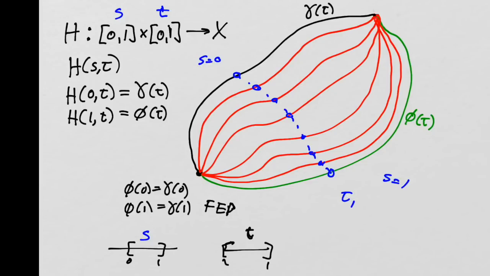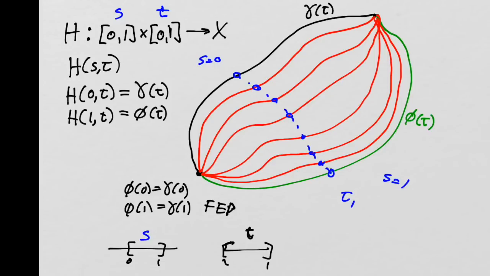The endpoints are the only two points that are fixed, by the way. And as long as you can find such a function, gamma will be homotopic to phi. So that's the definition of a homotopy, is finding that function.